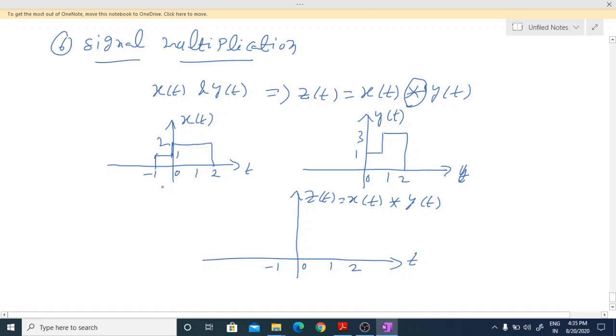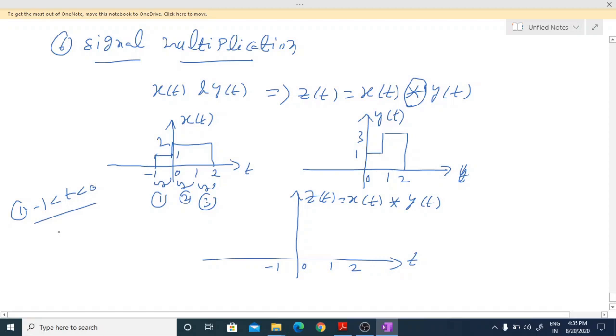So if you observe the x of t signal, the t values will be in three regions: -1 to 0, the second region is 0 to 1, and the third region is 1 to 2. In the first region, t is in between -1 to 0.